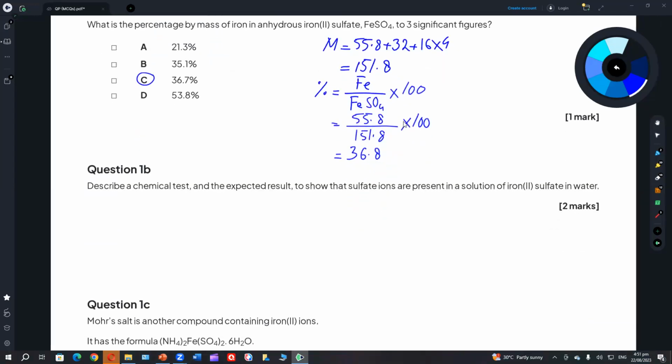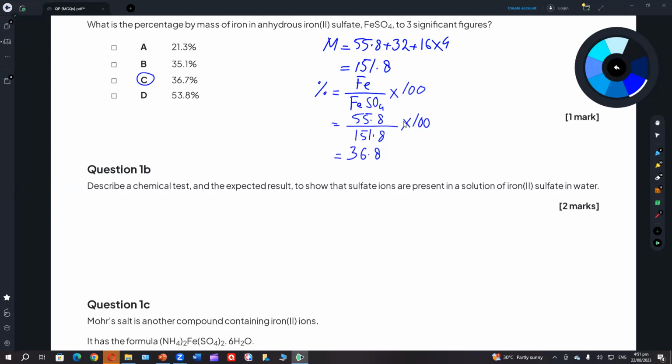Describe a chemical test and the expected result to show that sulfate ions are present in a solution of iron 2 sulfate in water. Okay, this would be for copper sulfate? No. Sulfate ions, was it barium sulfate?